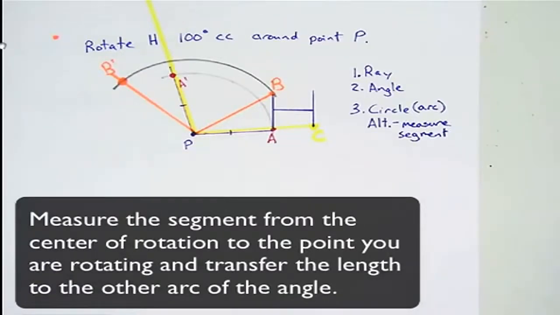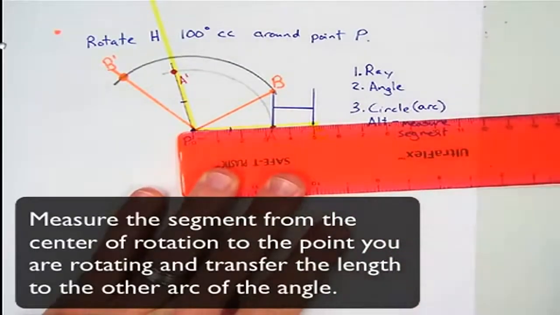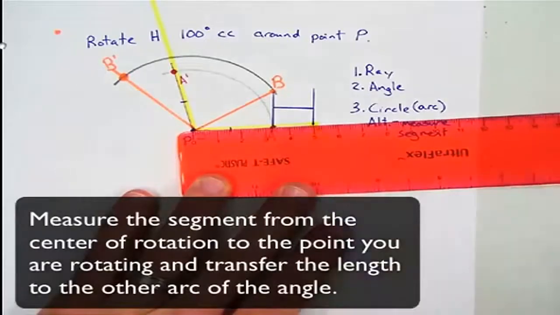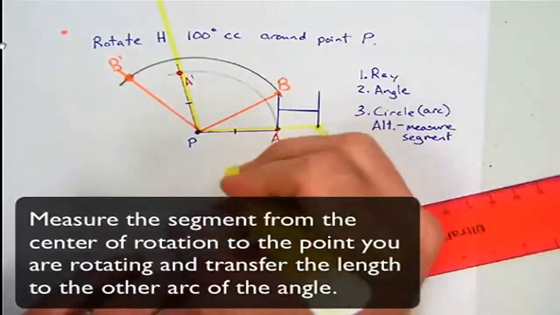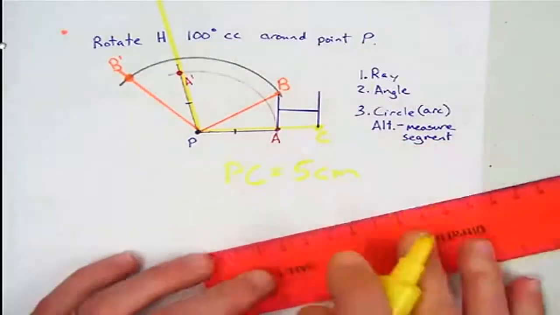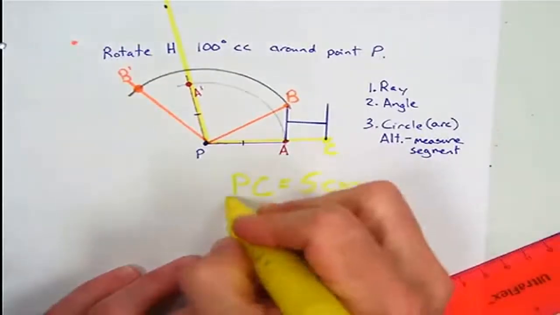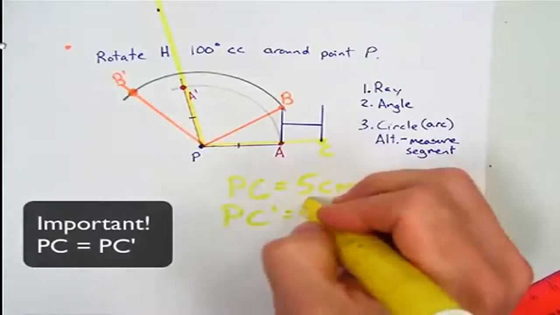So if you don't have your protractor with you, or your compass with you, you could just measure this. Okay. And you should see here that this is, what, 5 centimeters? So if PC equals 5 centimeters, how long would PC prime equal? 5 centimeters.